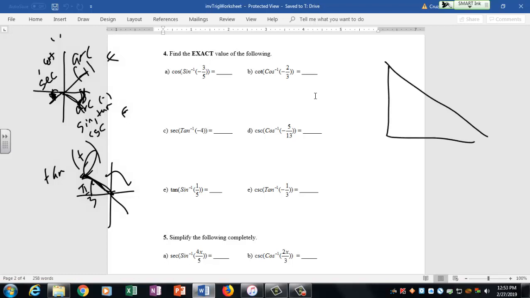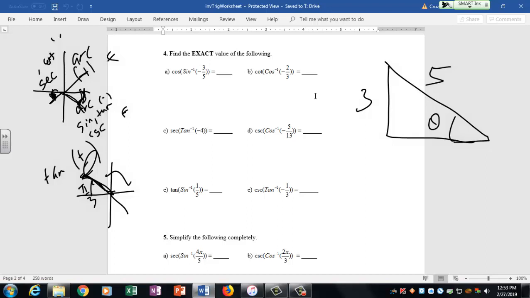Arc sine 3/5. What does that mean? Opposite over hypotenuse. This is theta. That is sine theta equals 3/5. Now, some of you are going like this. No, I'll draw it's negative 3. That's just the quadrant.